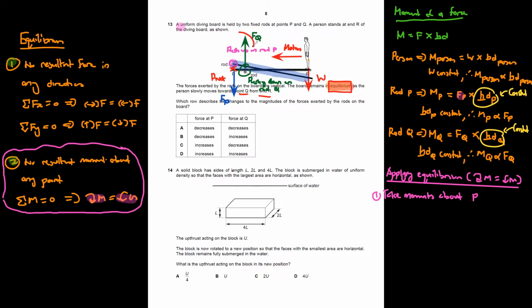You see, FQ will cause a counterclockwise rotation, but the person will cause a clockwise rotation.